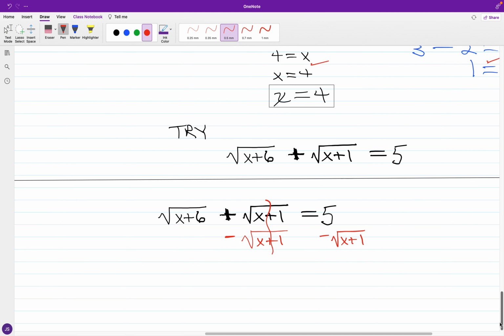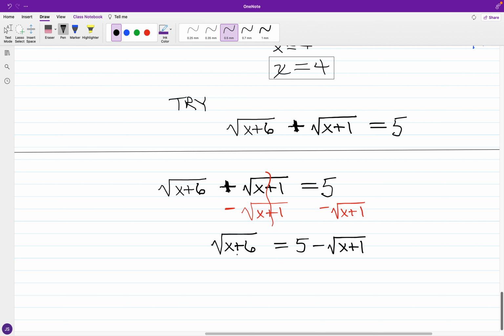And we have in the rewrite, okay, so we'll have the square root of x plus 6 is equal to 5 minus the square root of x plus 1.